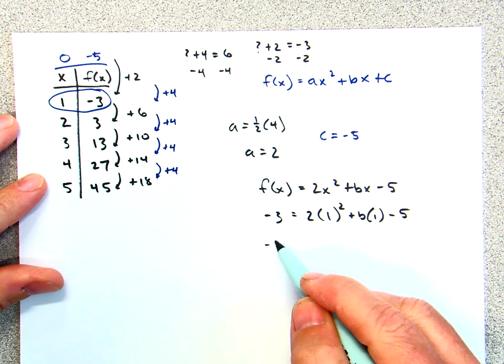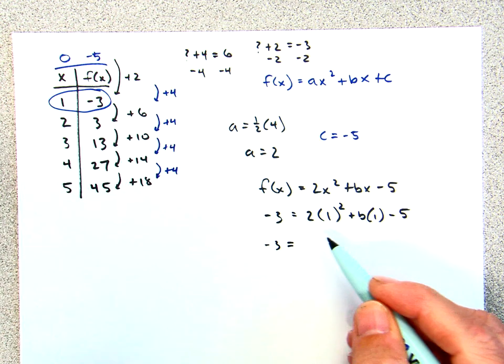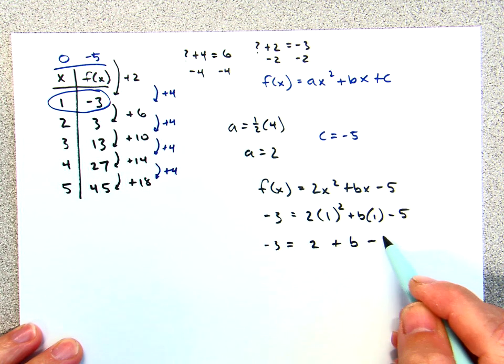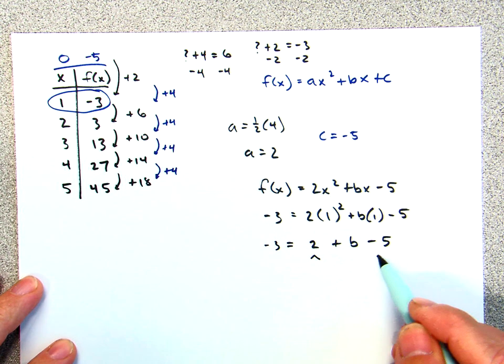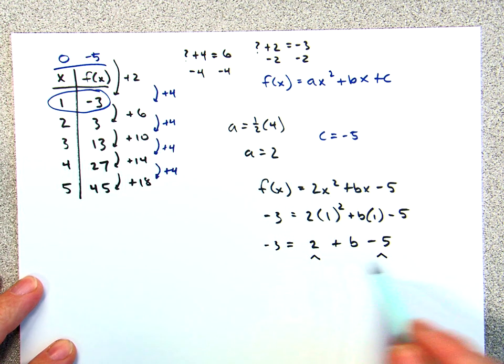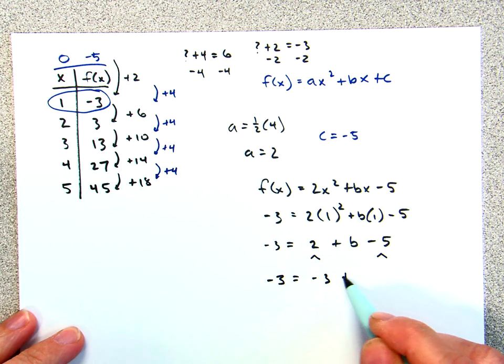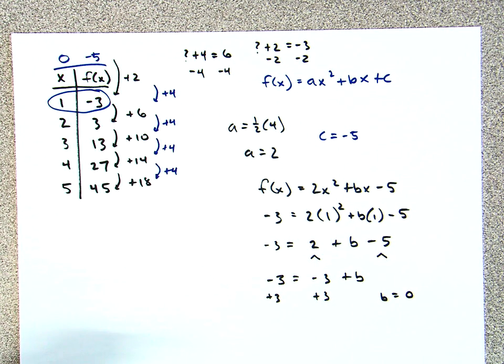Again, with order of operations, 1 squared is 1. 1 times 2 is 2. b times 1, not much going on. That's why I selected 1. Still the minus 5. So I could put these two together, right? 2 minus 5, right? It's negative 3. And then if I want to solve for b, I can add 3 to both sides, so b ends up being 0, which is no big deal.